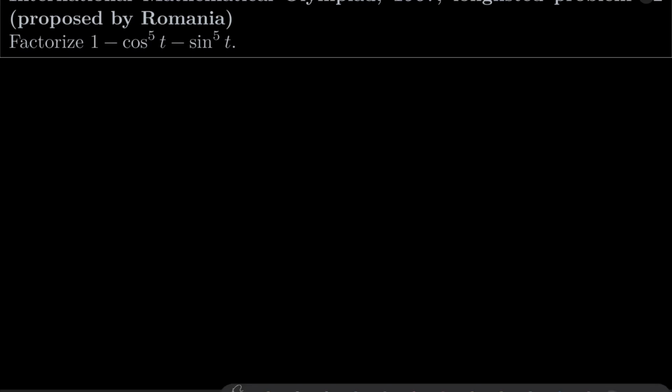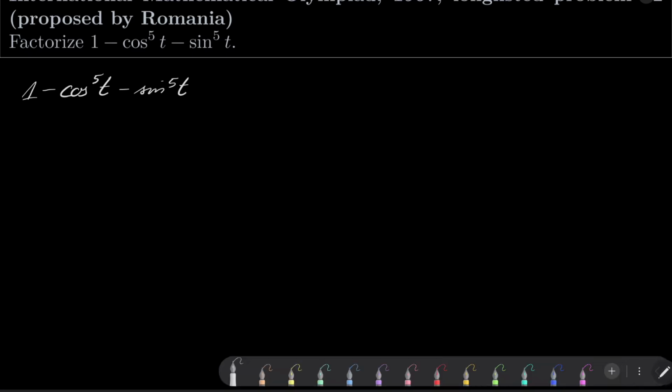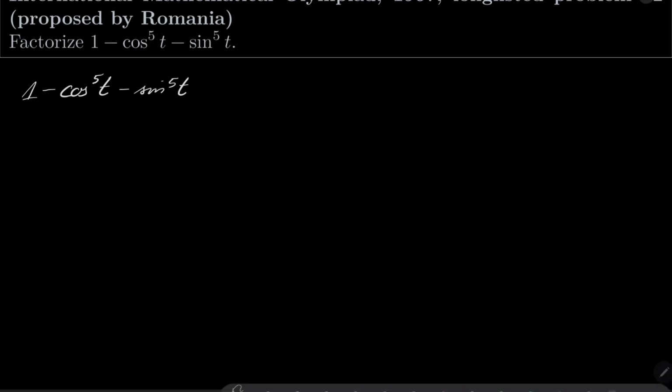Alright, so let's take our expression 1 minus cosine to the fifth power of t minus sine to the fifth power of t. Let's write it in the following way. Let's write 1 as cosine squared of t plus sine squared of t.